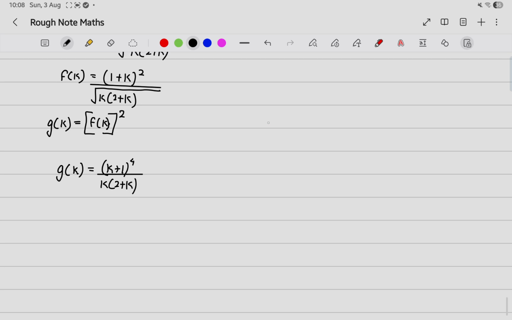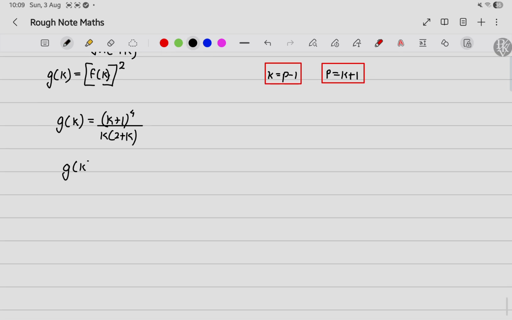Now I'm going to define a new variable p as k plus 1. So k will be equal to p minus 1 and p will be equal to k plus 1. I need you to note both of these because it will come in handy later on.